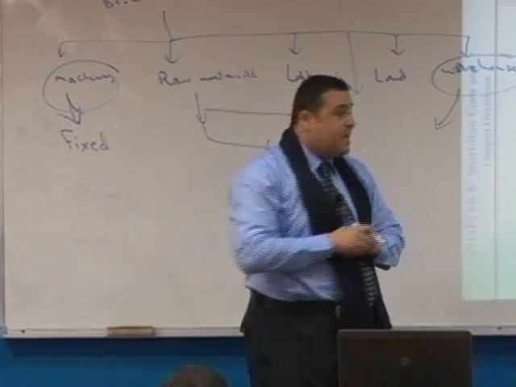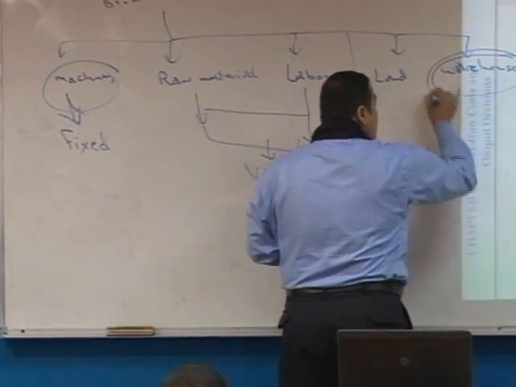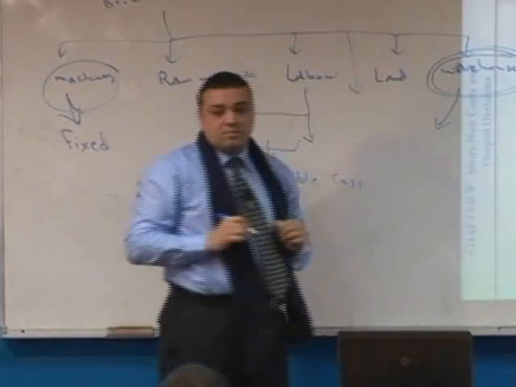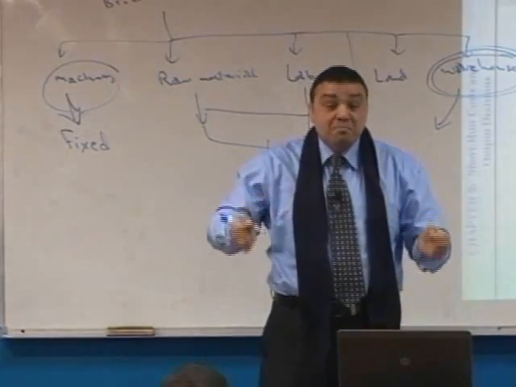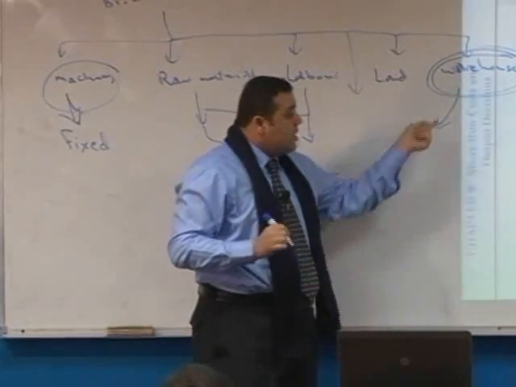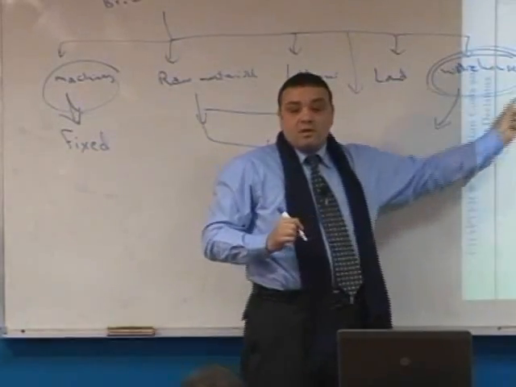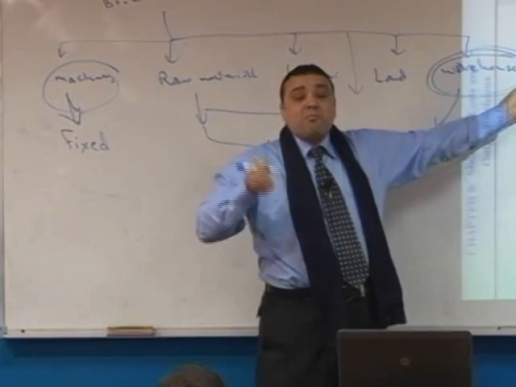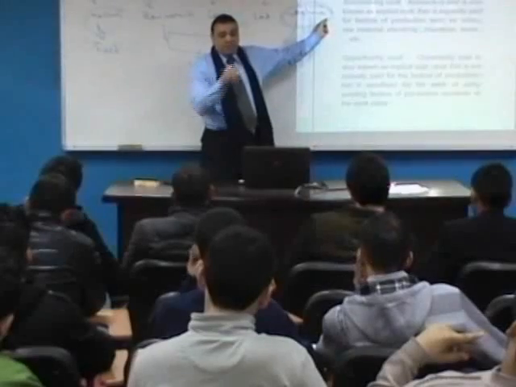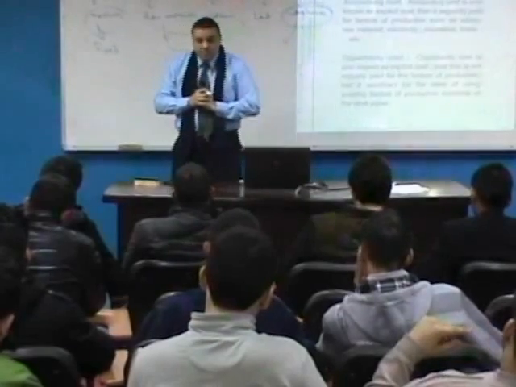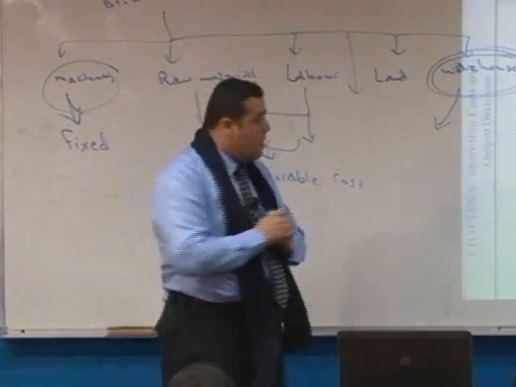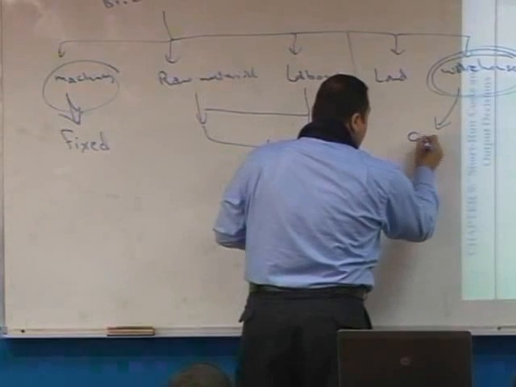In this case, it's called the opportunity cost or the implicit cost, تكاليف ضمنية, because in this case, the firm does not pay a rent to store or to rent this warehouse, right? So it's called opportunity cost.